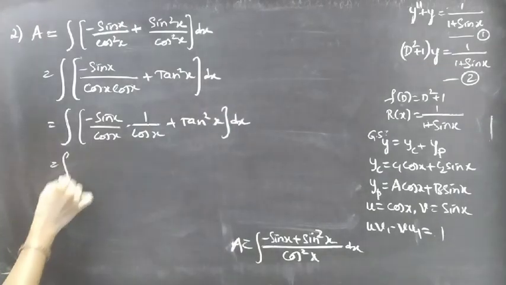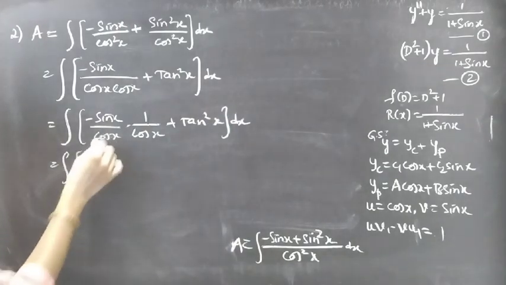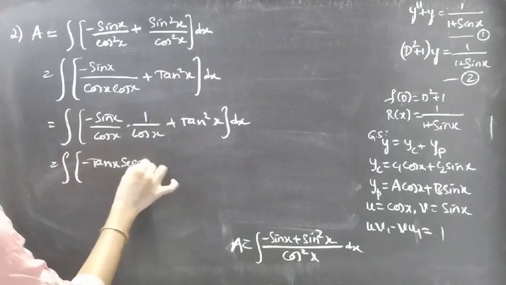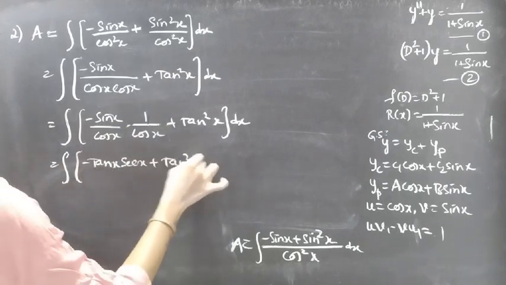This gives us integral of minus sin x by cos x is tan x into reciprocal of cos x is secant x plus tan square x dx.